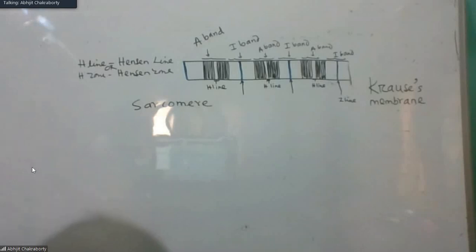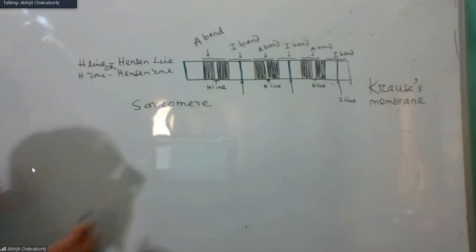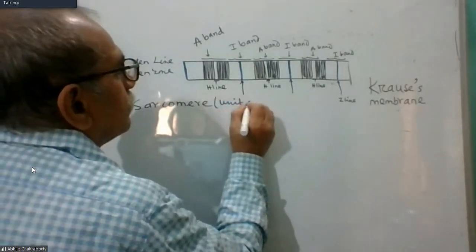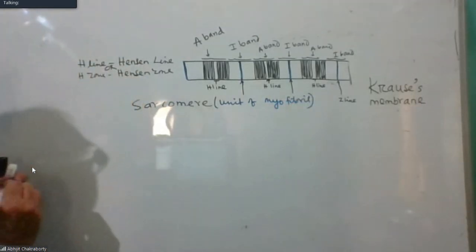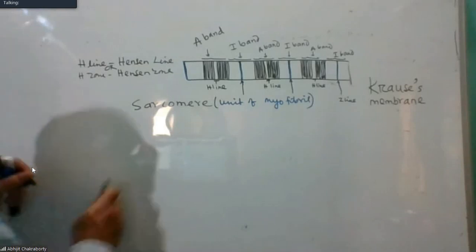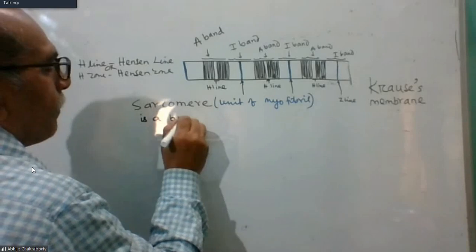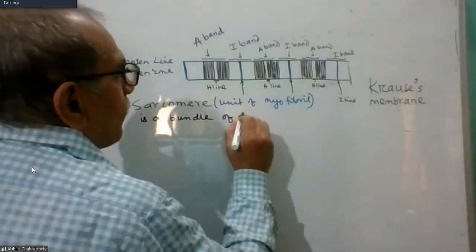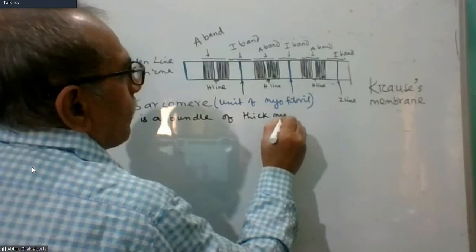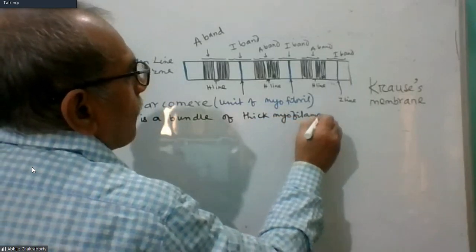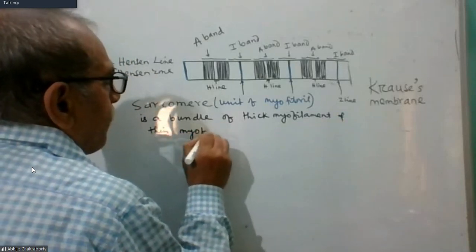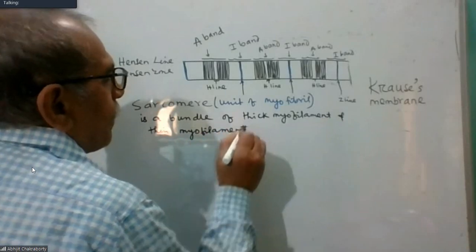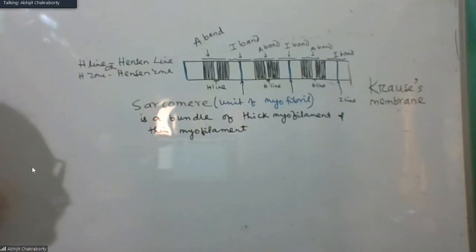Sarcomere, the unit of myofibril also you can call it, is a bundle of thick myofilament and thin myofilament.